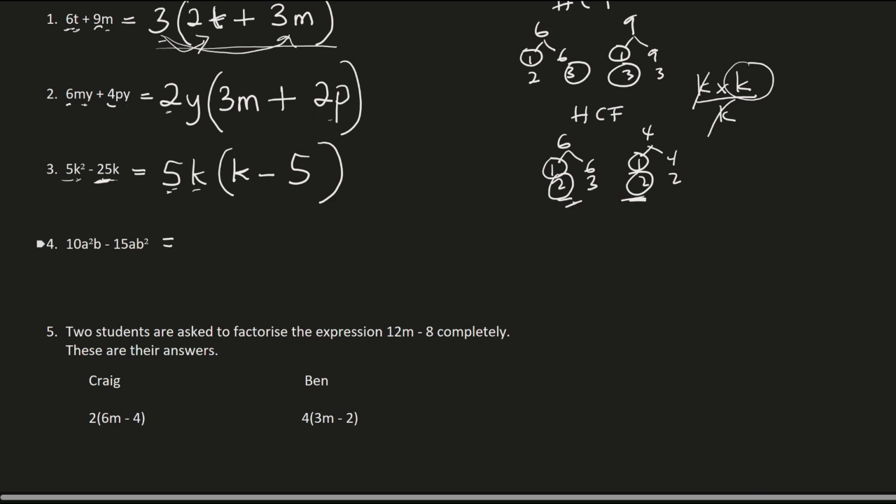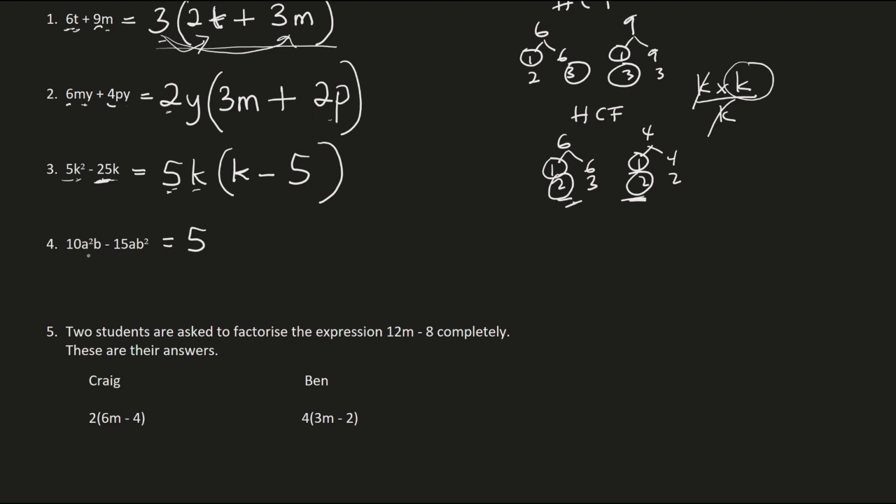Then question 4. Highest common factor for 10 and 15 is 5. Common letters for a squared and a is a. a is common to both sides. And then b is also common to both sides. Now open bracket. 10 divided by 5 is 2. Now don't forget, I already have one of the a's out. So I'll be left with a because a times a gives me a squared.